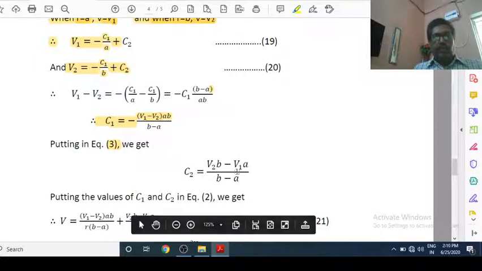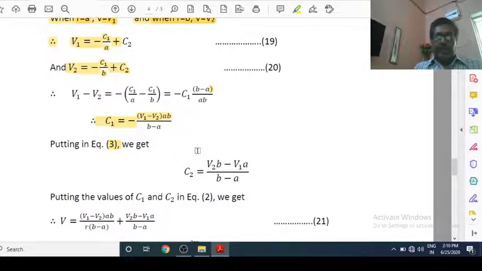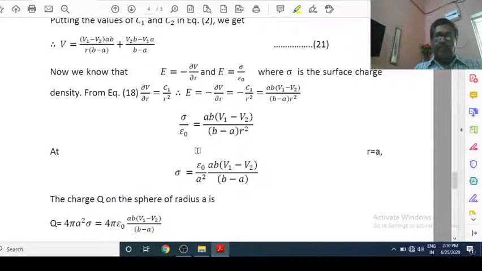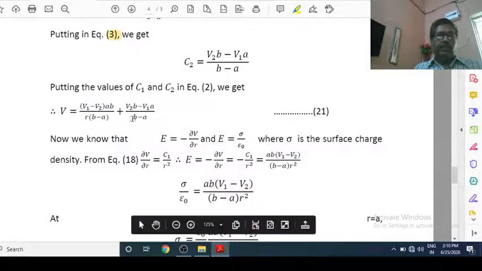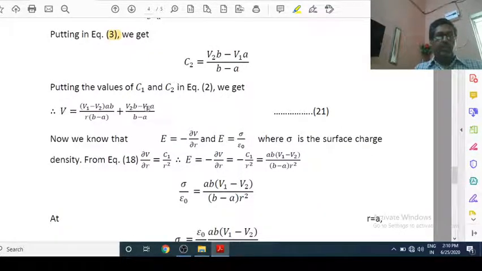We get C2 is equal to V2 B minus V1 A by B minus A from this. And if we get C2, then we get the total potential V here.